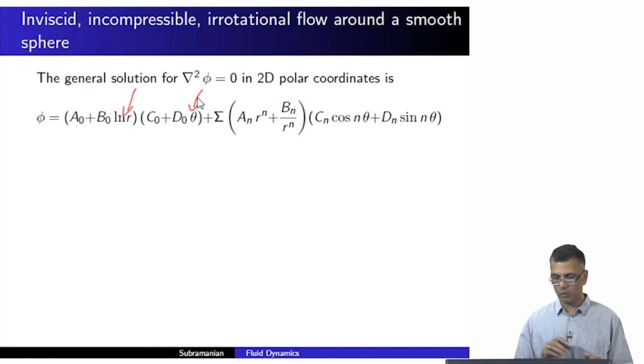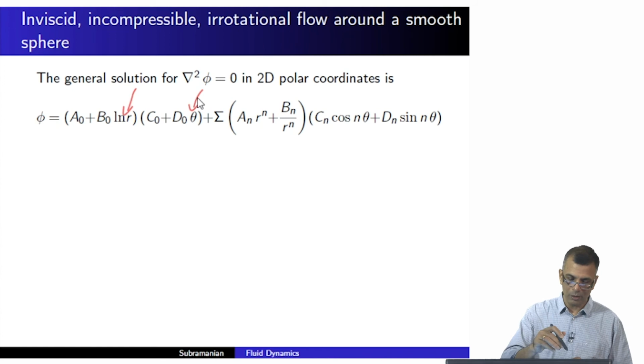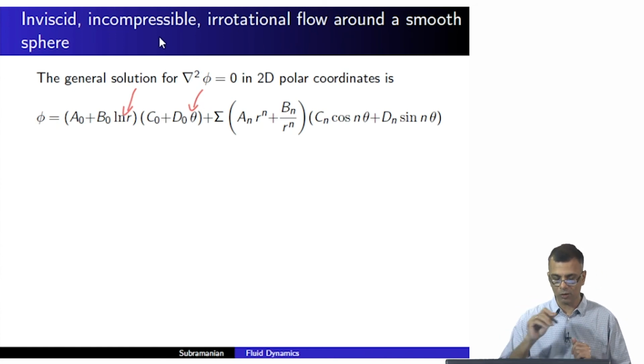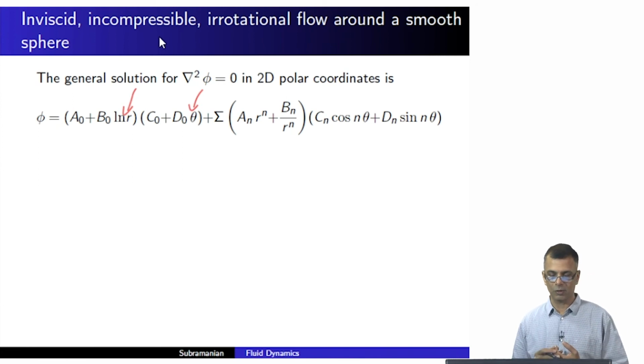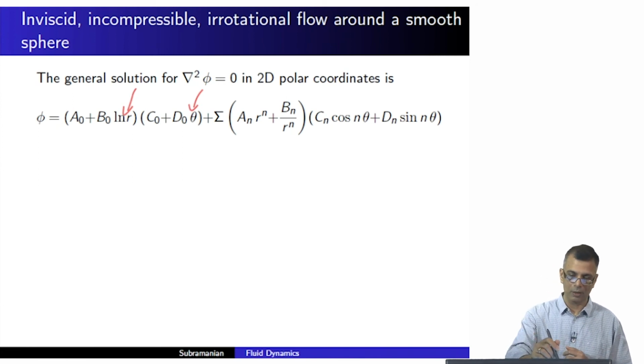You apply the boundary conditions appropriate to an inviscid, incompressible, irrotational flow around a smooth sphere and you get the solution immediately. We won't go through the gory details, but we will see how.